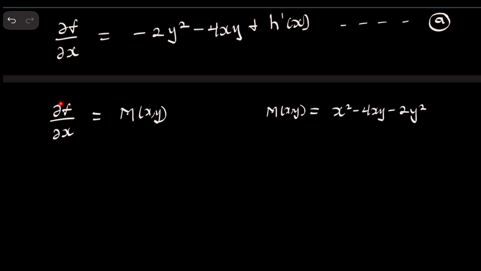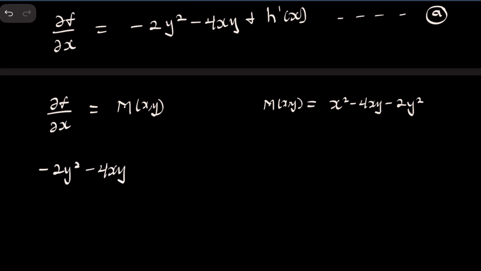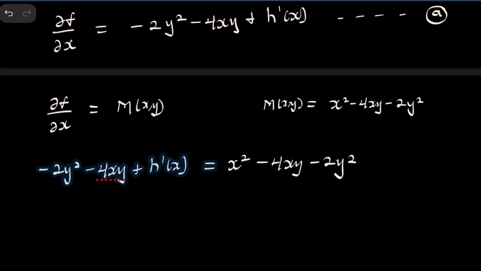By definition, we have partial of f with respect to x to be equal to M of x y. And so we are going to equate the right hand side of equation A to M of x y. And so we are going to have minus 2y squared minus 4xy plus h prime of x is equal to M of x y, which is giving us x squared minus 4xy minus 2y squared.